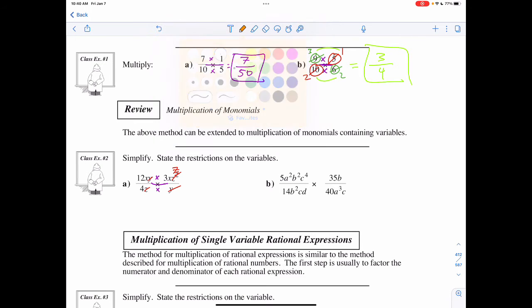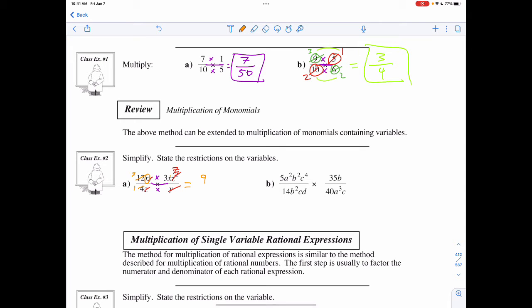And I can simplify this by dividing both of them by 4 to get 3 over 1. Which means that when I do this whole process, I'm going to wind up with 3 times 3 is 9.